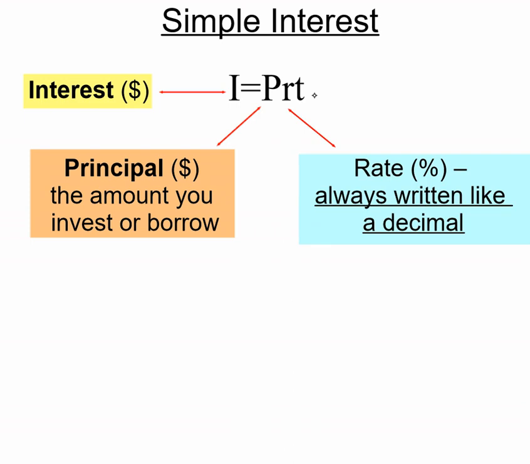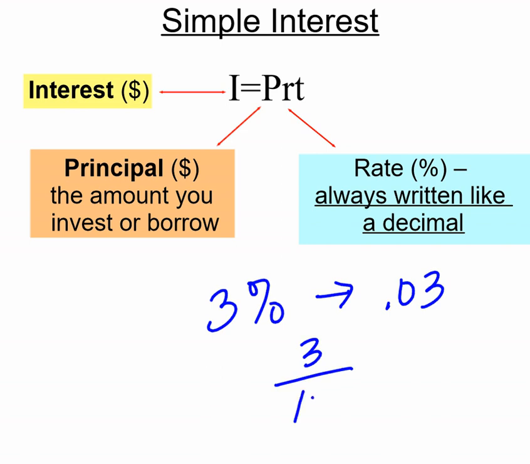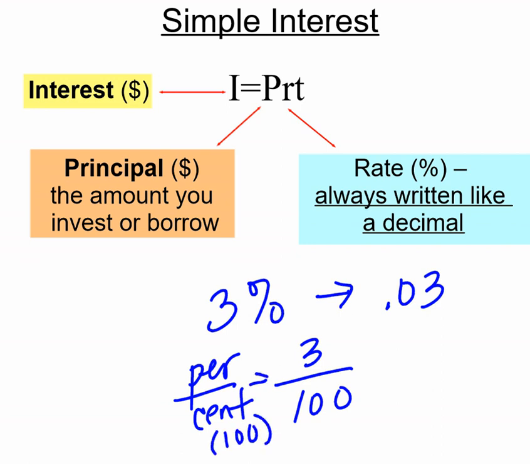There is the rate, R, which reflects the percentage rate at which the interest is being charged, and that's always written as a decimal. So if we were to get something like 3%, we would change that to 3 hundredths. Now, you also know that when we write percent, we can write per over cent, and this is always 100. If you took a look at what 3 hundredths was, this is what it looks like.